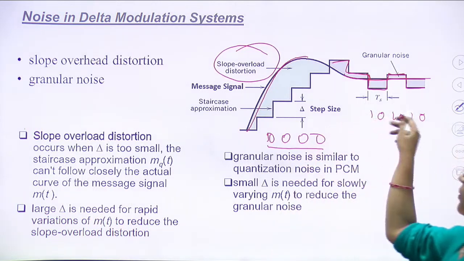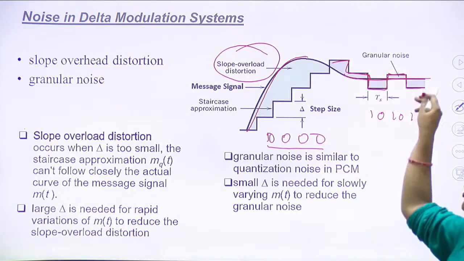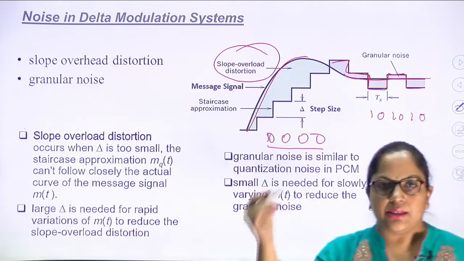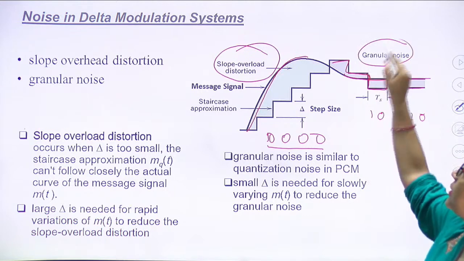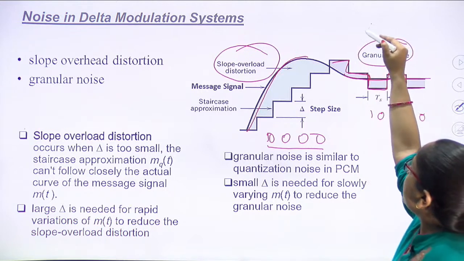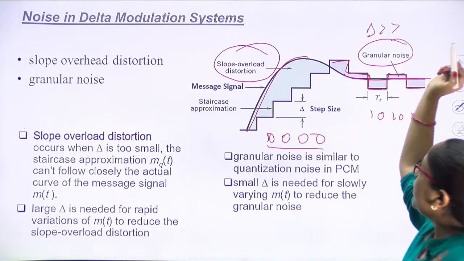It should be constant, but because it is constantly changing, we will get changes in our output data. So this is called granular noise. It occurs when the step size is too large.